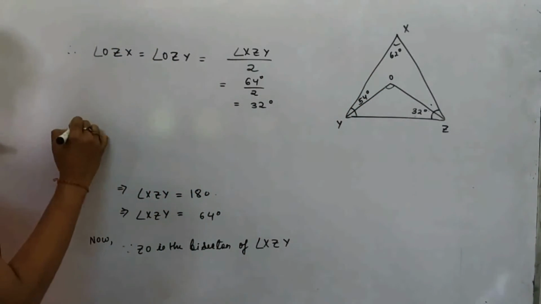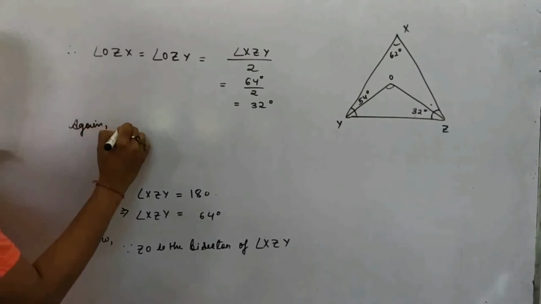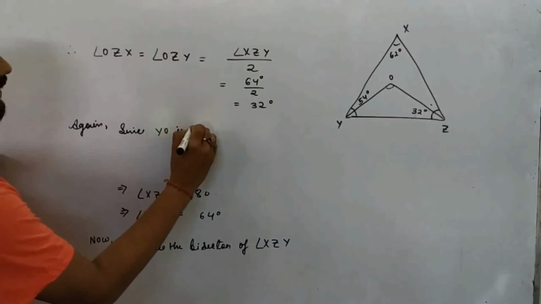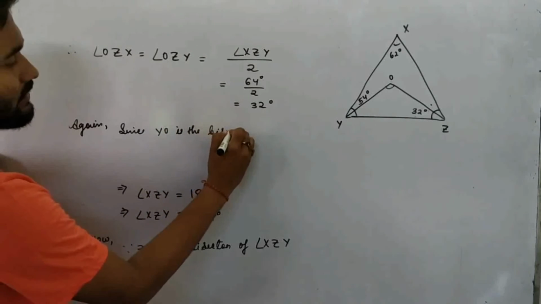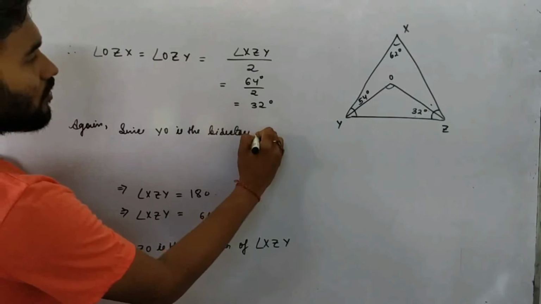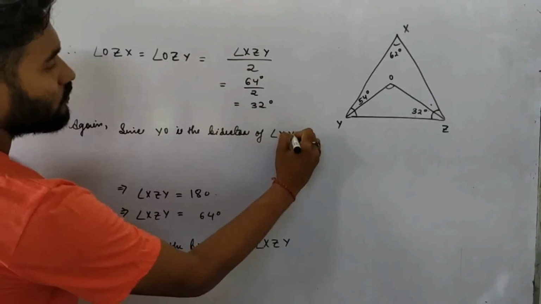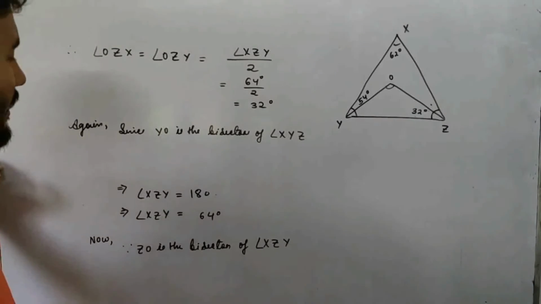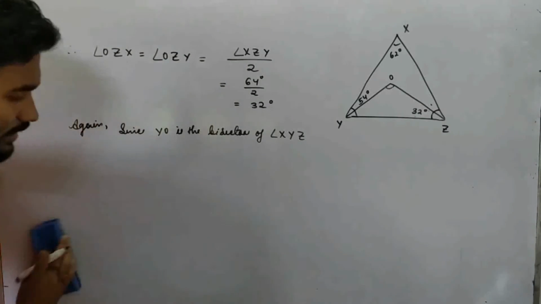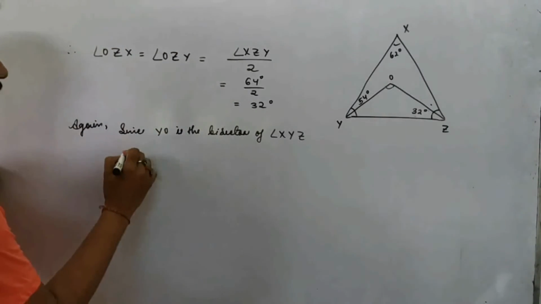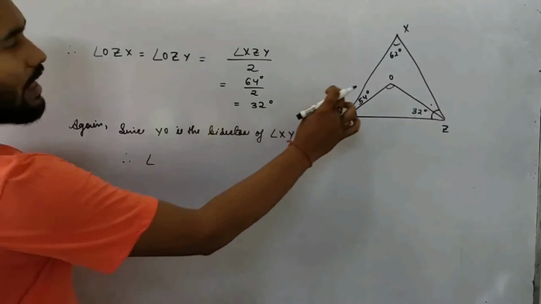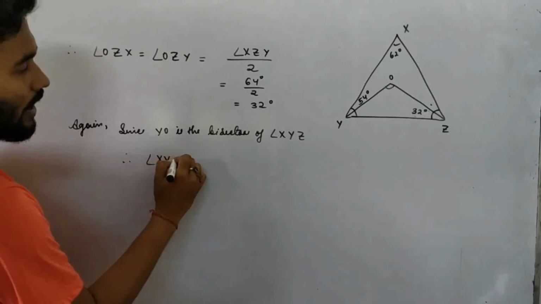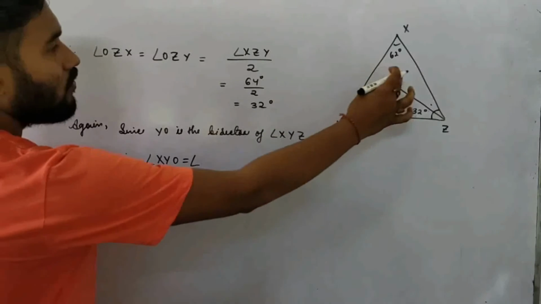So again, since YO is the bisector of angle XYZ, what I can say is that this upper angle and this bottom angle, angle XYO, will be equal to angle OYZ.